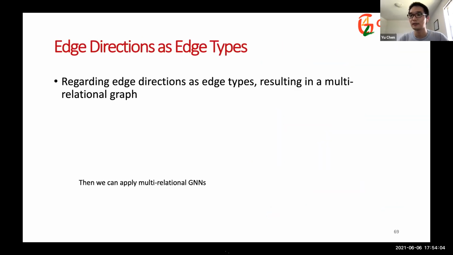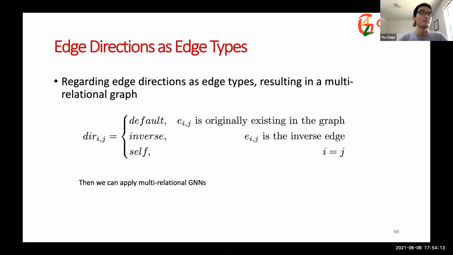Okay, so let's talk about the second strategy we just mentioned, which is to regard edge directions as edge types. The idea is quite straightforward. There are typically three types of edge directions. The default direction, which is the edge existing in the original graph, and the reverse direction, where we add reverse edges to each existing edge in the graph, and we can also add self loops to each node.